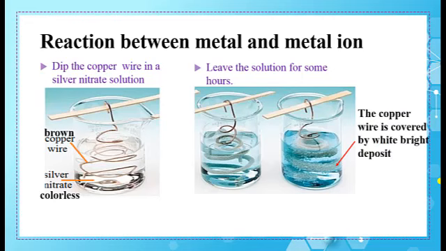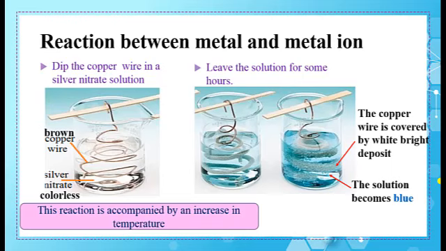As you can see, the copper wire is now covered by a white bright deposit. Is there any change that you can notice between the beginning of the experiment and at the end of this experiment? Yes, of course, it is a change in the color of the solution. The solution becomes blue.